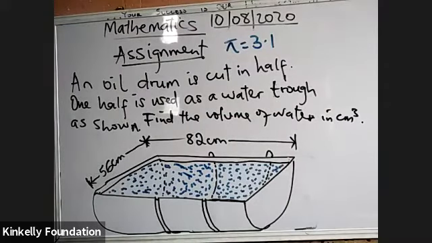Next class, we talk about measuration and estimation, how we are going to estimate volumes of these capacities, like 1000 cm cube giving us 1 liter, and other issues regarding estimations and measuration. So in this case, you're going to just find the volume of water contained in this half drum.